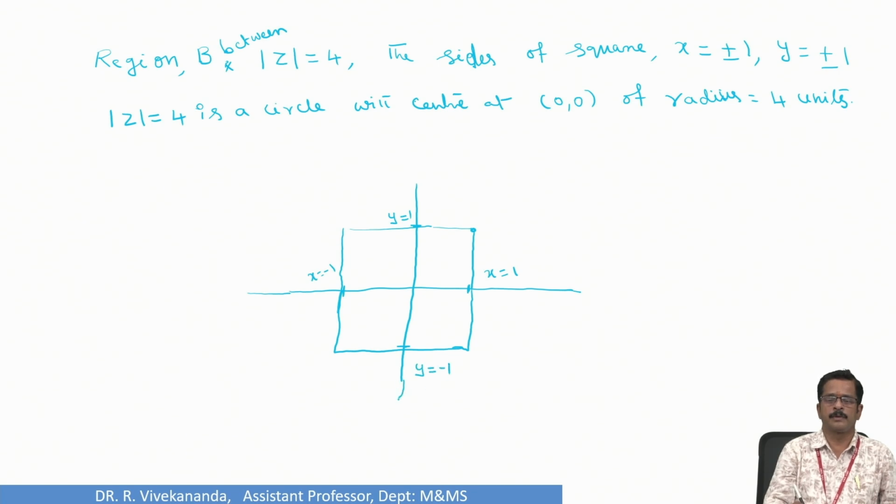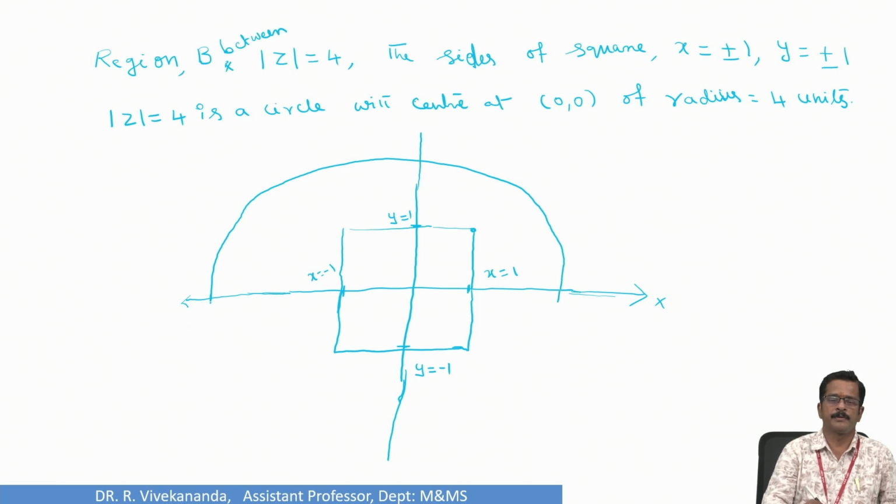Okay. Now we have to draw a circle of radius 4 units. So I am taking a radius of 4 units here. Circle I am just drawing of radius 4 units.